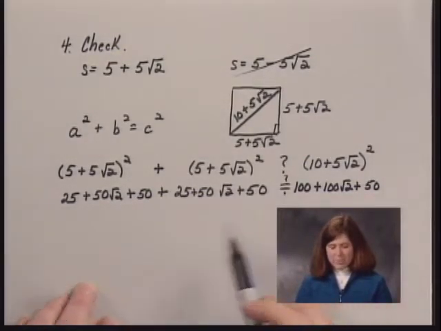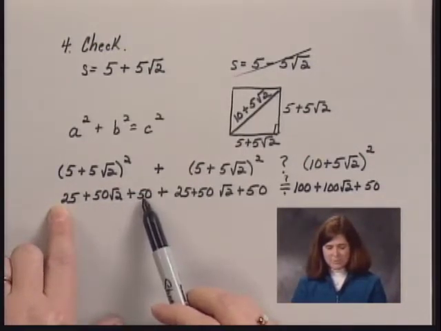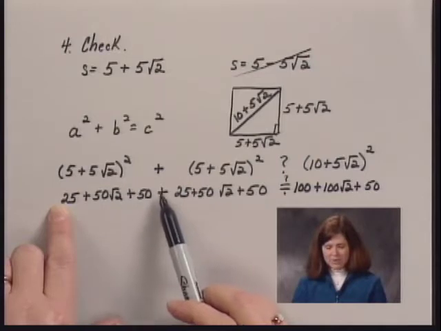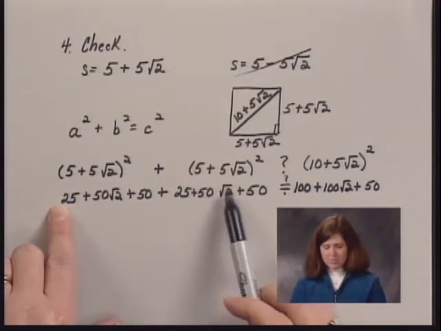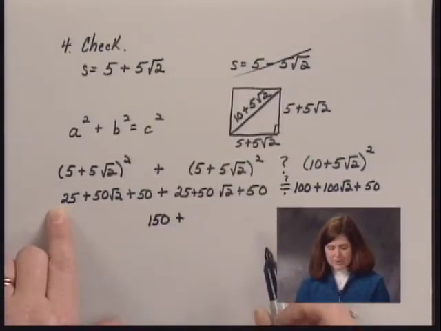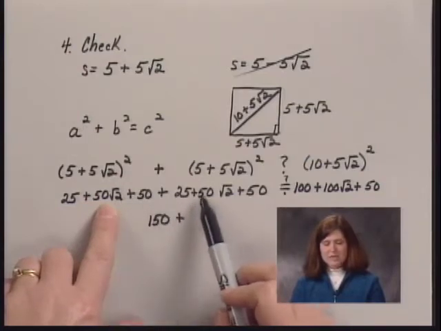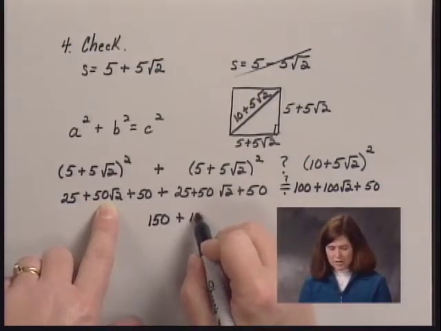Now I'm going to simplify both sides. I'm going to combine like terms. I have 25 plus 50, which is 75, plus 25, which is 100, plus 50, which is 150, plus I have 2 50 square root of 2, 50 square root of 2 plus 50 square root of 2, which is 100 square root of 2.